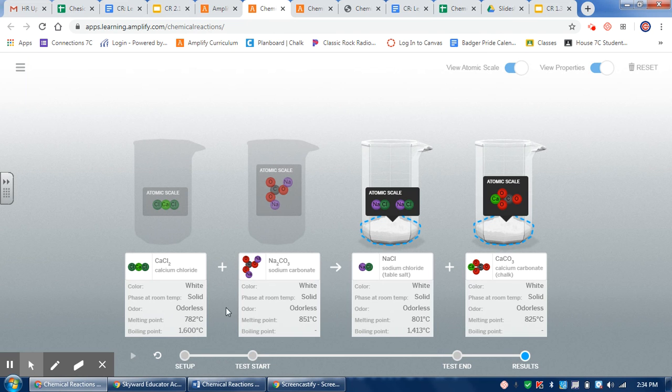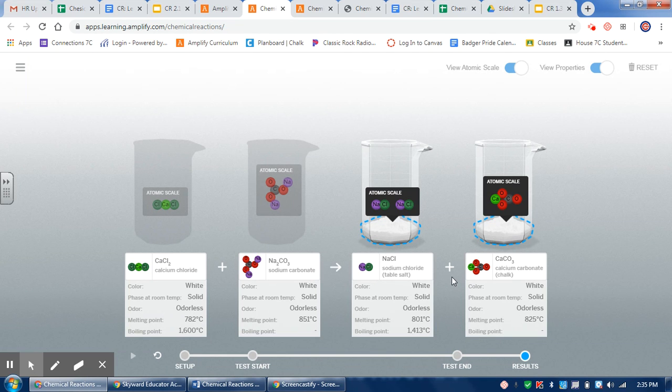The other thing we can look at for evidence is the arrangement of the atoms that make up each of the substances. Are they the same before and after the mixing? You can see that we had two chlorine atoms together with a calcium atom to make calcium chloride. When we look over in what are called products, after we combine the two, we don't see that same arrangement.